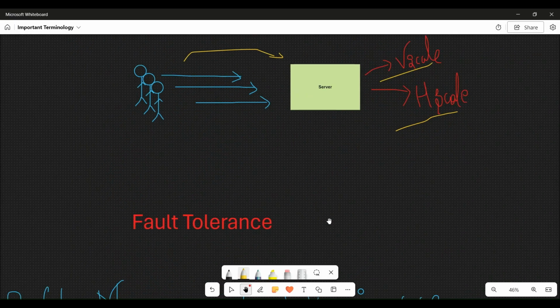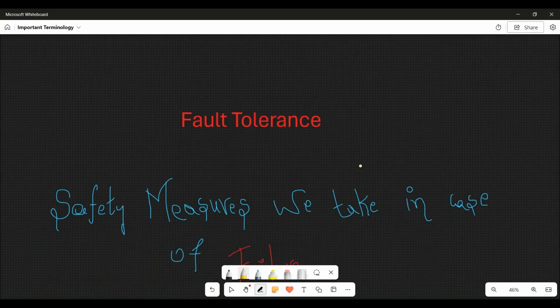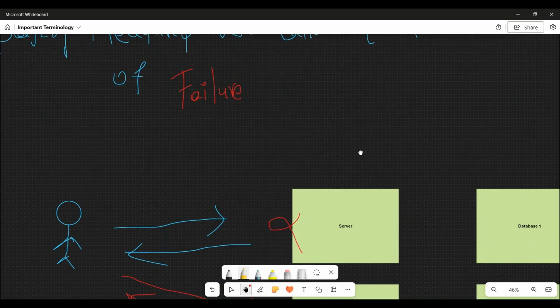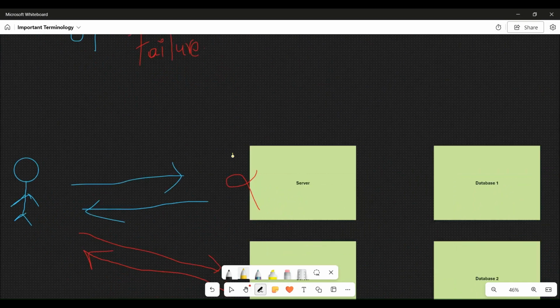Now coming to the next term, which is fault tolerance, which means: if a failure occurs, what safety measures are provided in case of a service failure, right? For example, we have a server and a database here. Assume that the server and the database have failed and the users using the service have been interrupted.